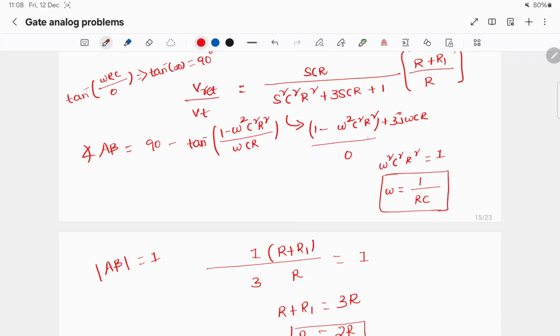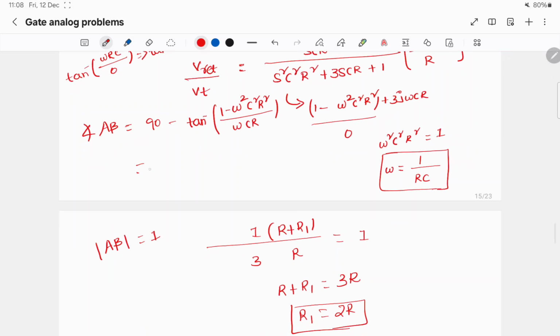The real part is 1 minus omega square C square R square, and the imaginary part is 3j omega R. For it to be 0 degrees overall, this has to give a phase of 90 degrees. For that, similar to the above case, the real part should be 0. If the real part is 0, it will be tan inverse of 3 omega CR by 0, which is tan inverse infinity, that is 90 degrees.